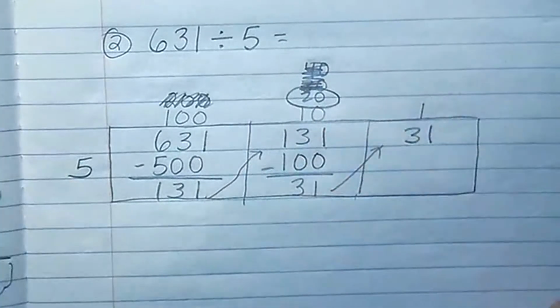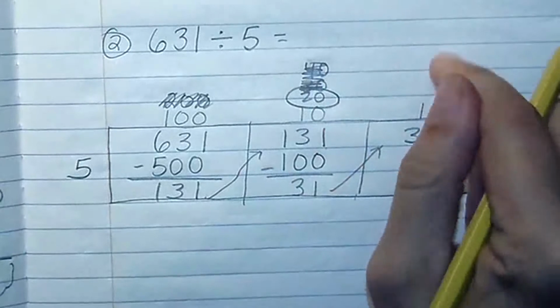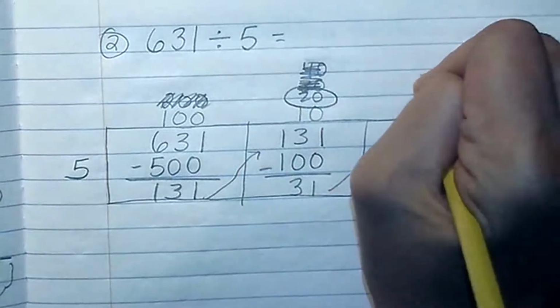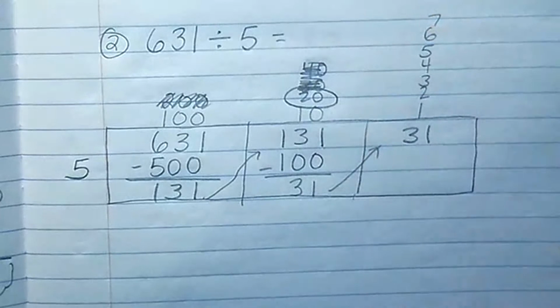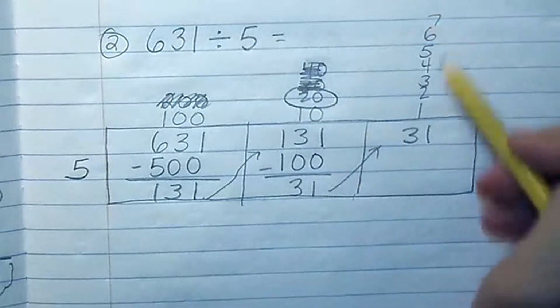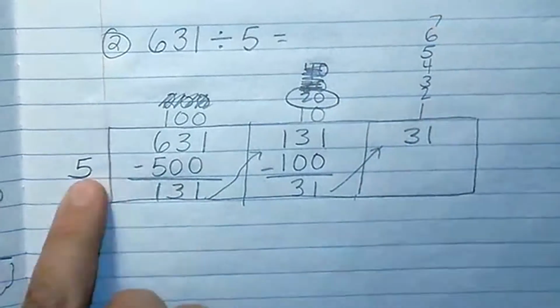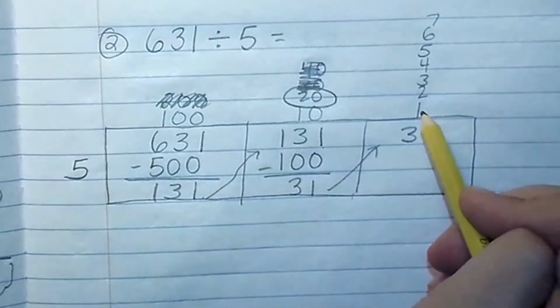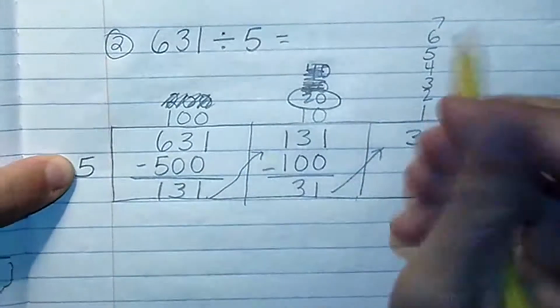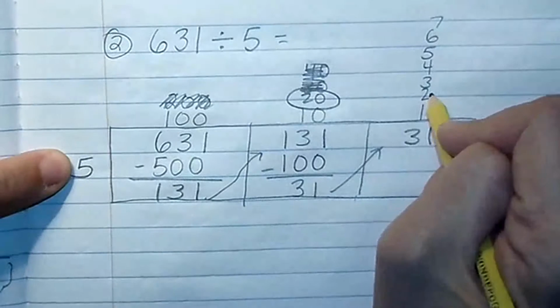We have 31 left. And now I'm in the ones place. 1, 2, 3, 4, 5, 6, 7. I bet somebody already knows this fact. One of these numbers times 5 gets me close to 31. 1 times 5 is 5. 2 times 5 is 10.